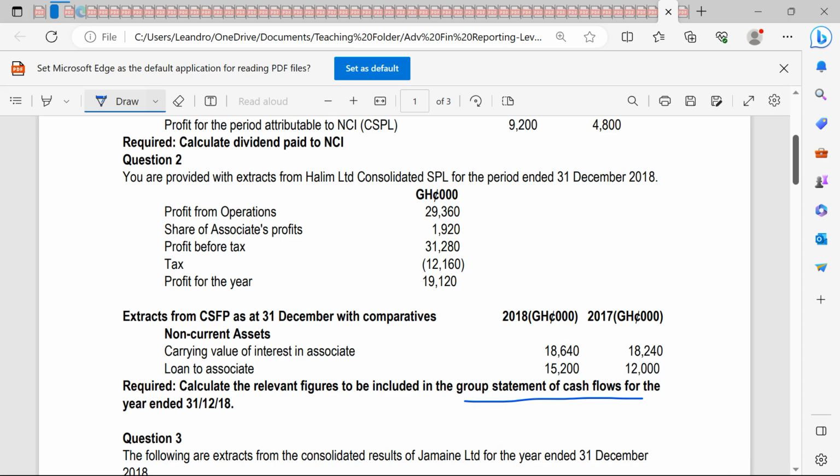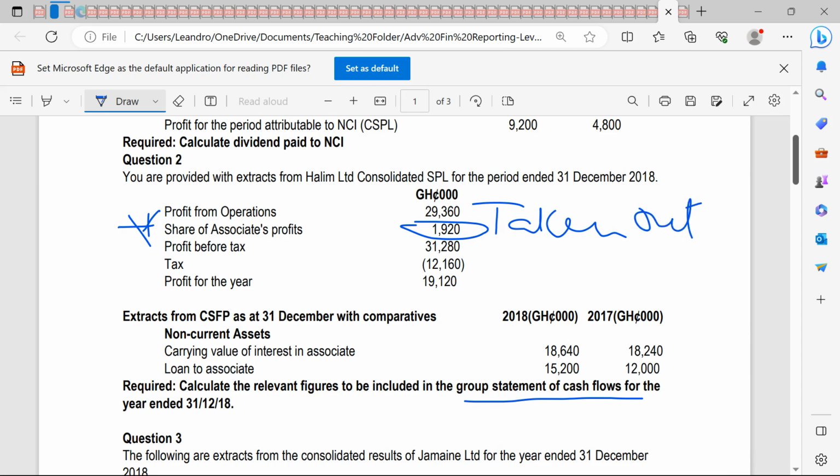And you know, in terms of consolidated financial statements, the parent recognizes its share of the profit from the associate. So you can see it is before the tax. So this figure must be taken out of the operating profit, profit before tax.